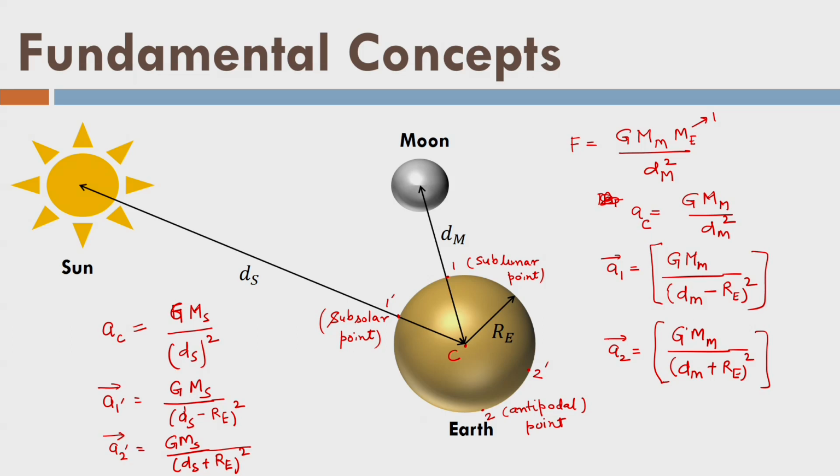If I try to draw these acceleration values of AC, then AC will be towards the Moon like this at each and every point, because I can see that Earth is my point mass, fine. And so the acceleration AC is the same at each and every point as if Earth is a point mass, fine. Yeah, I hope you agree with that.